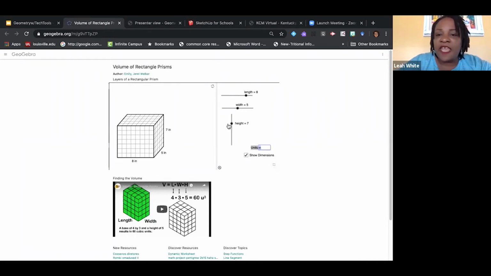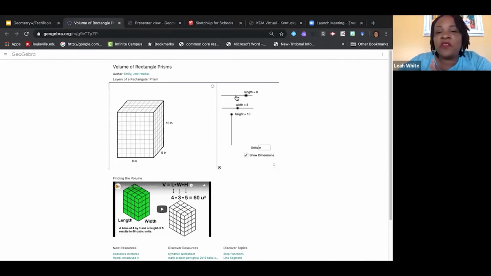And then I can use these sliders to adjust, and then I don't necessarily know the volume, but I know that I can count the squares or determine the volume, and then I can determine what would be some good guesses as a box size that would meet the specifications of this problem.